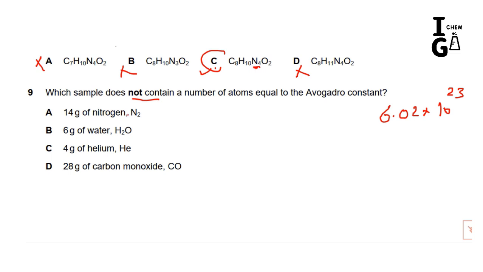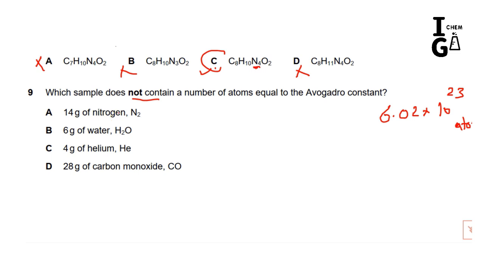In this question, we need to make 2 calculations for everyone. We need to know the number of moles, and we need to know the number of atoms, because finally we need to have this number of Avogadro, 6.02 times 10 to the power 23 atoms. Let's start with the first one to show the answers.